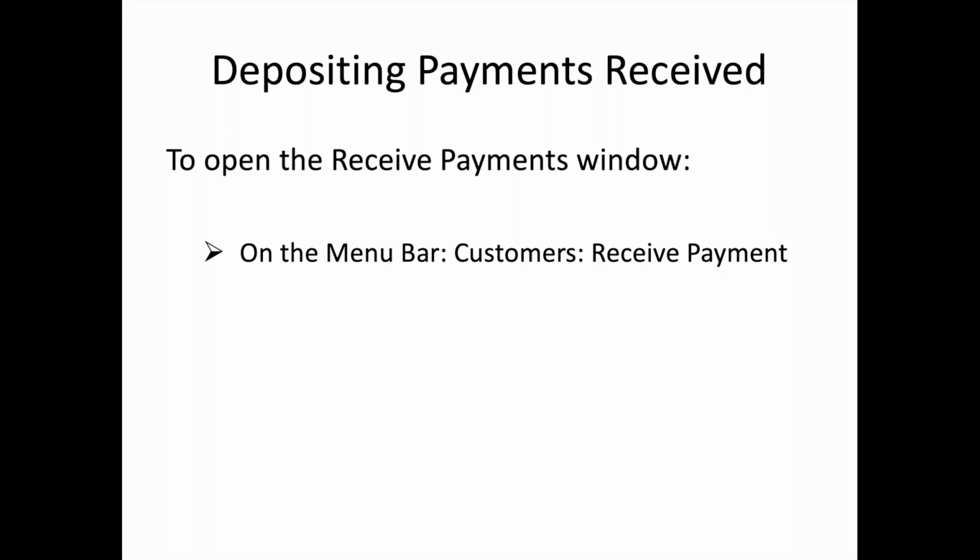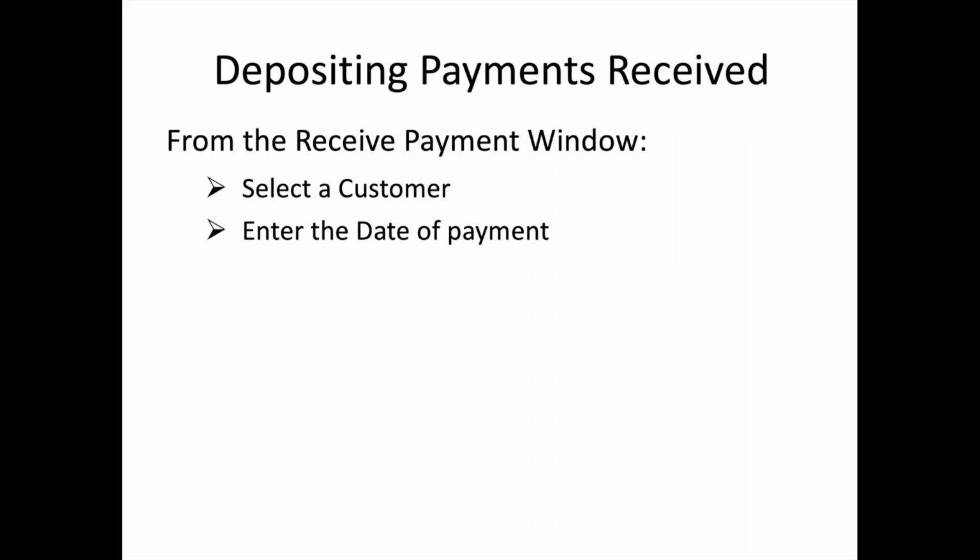To deposit a payment received against an invoice, you have to first go to the Receive Payments window. You have a few ways to do that. On the menu bar under Customers, select Receive Payments, or on the toolbar, click Receive Payment.